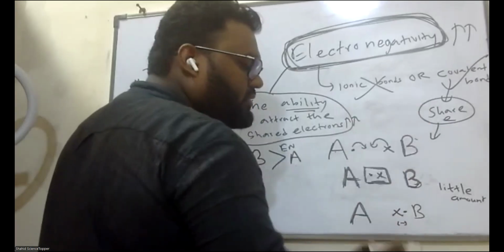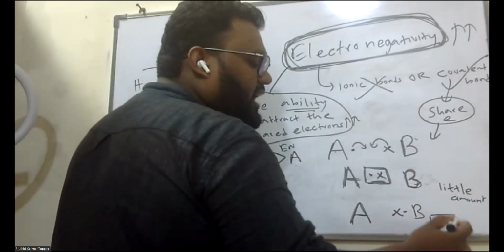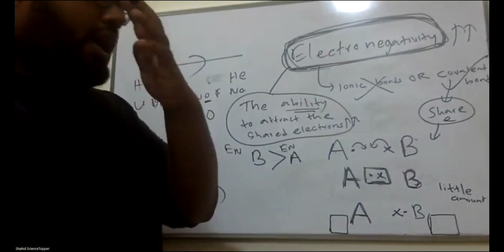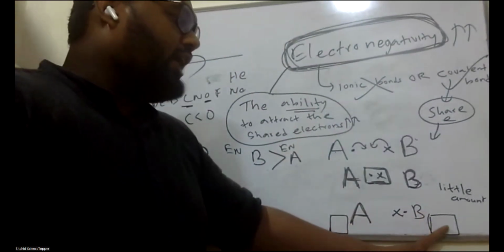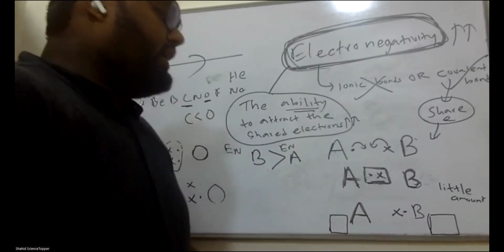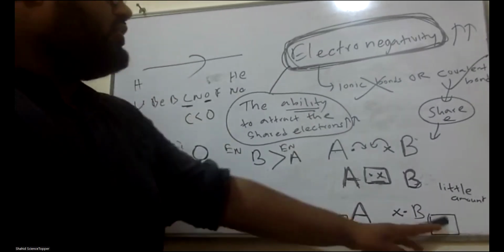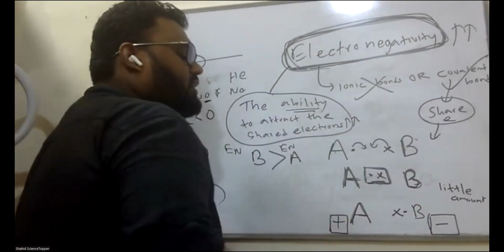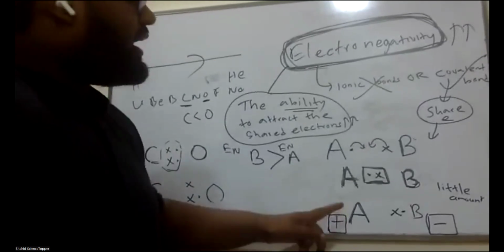What you need to know is they will ask you in the exams what charges you need to give for A and B. You need to write either plus or minus. Now tell me, what are you going to write here? You will write directly minus. Here you will write plus. Why are you writing plus here?